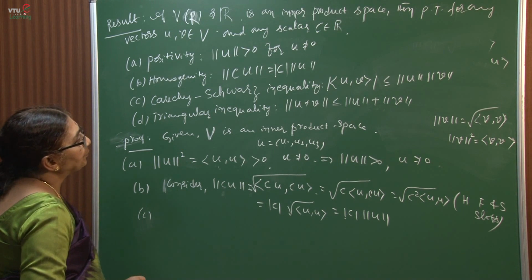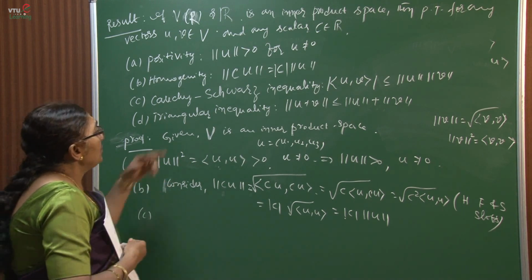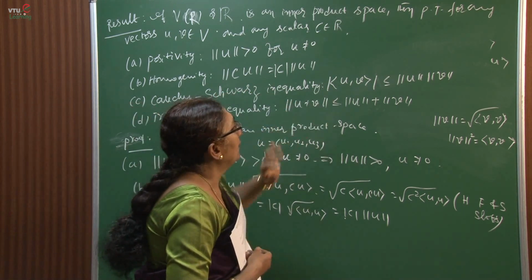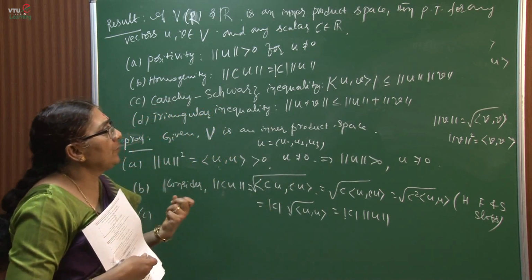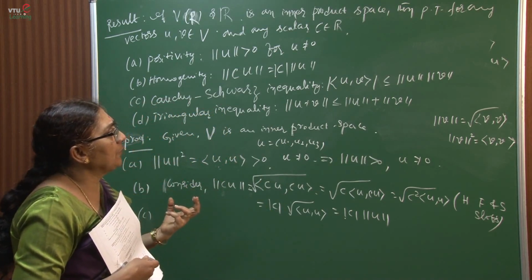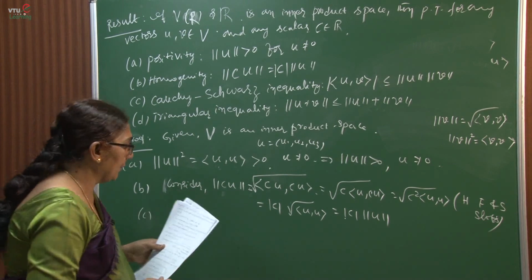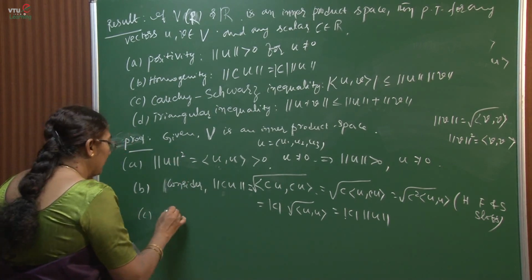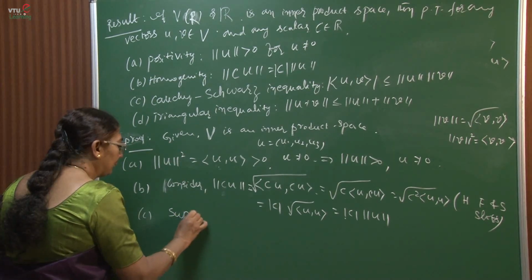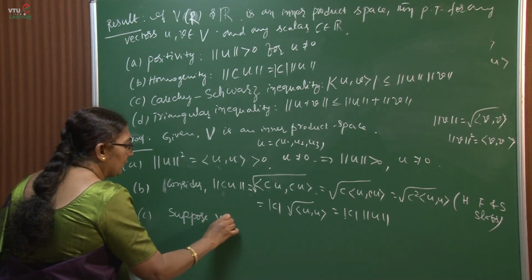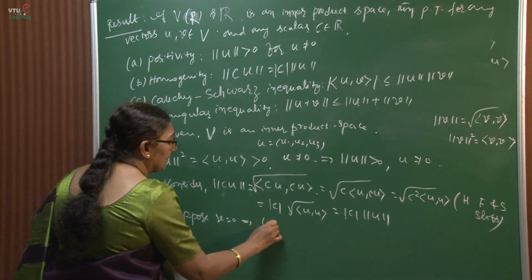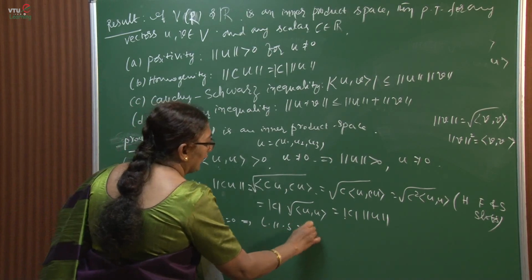Next, we move to part c, the Cauchy-Schwarz inequality. The absolute value of the inner product of u comma v is less than or equal to the norm of u times the norm of v. Suppose v equal to 0, that implies LHS is equal to RHS.